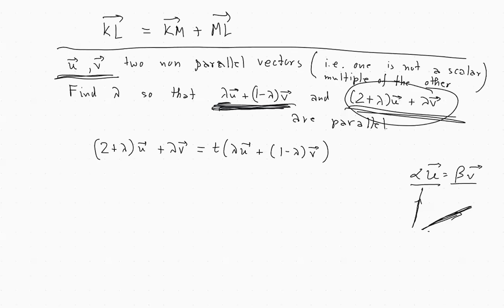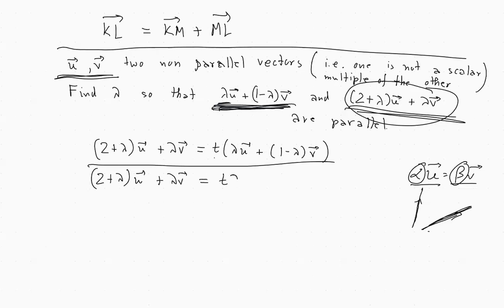What we need to do is rearrange the equation that we have here, so that we have a scalar multiple of U equal to a scalar multiple of V. So let me write this as (2 + lambda)U + lambda V is equal to T lambda U + T(1 - lambda)V.